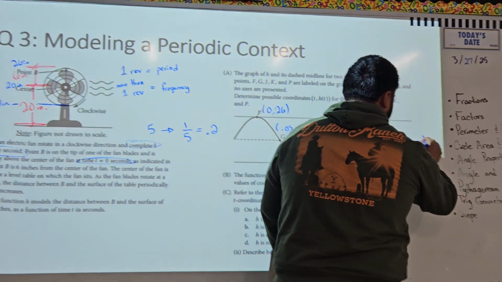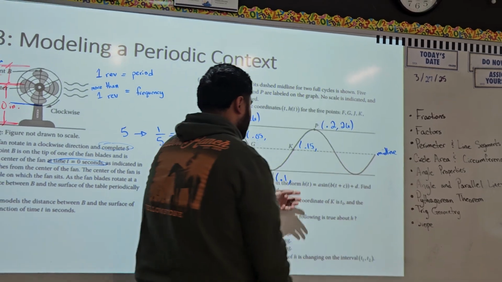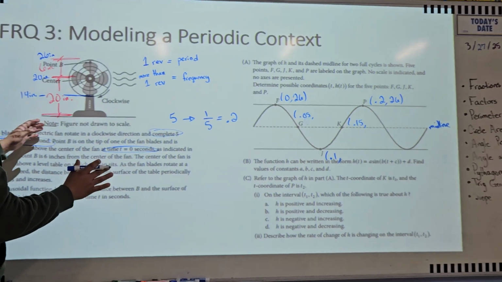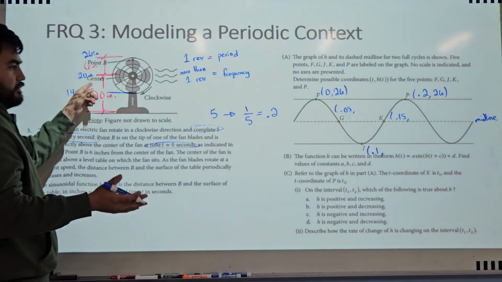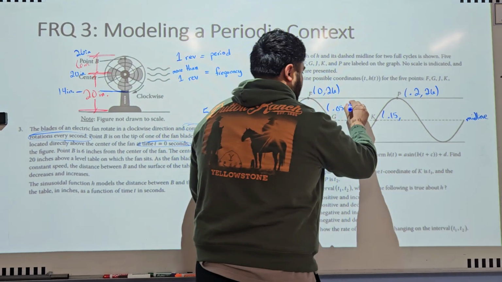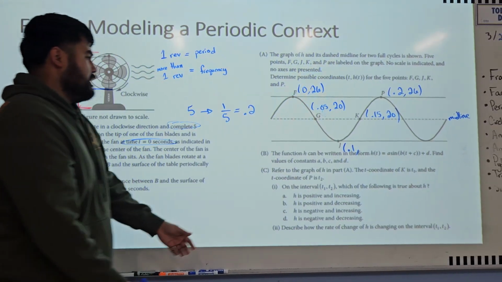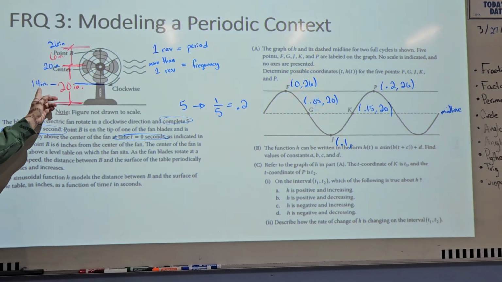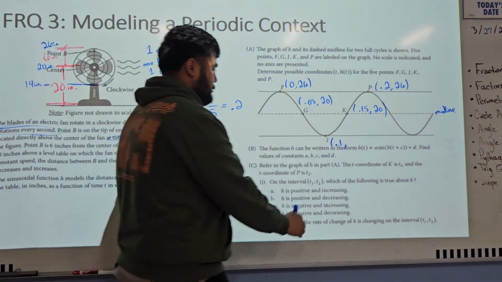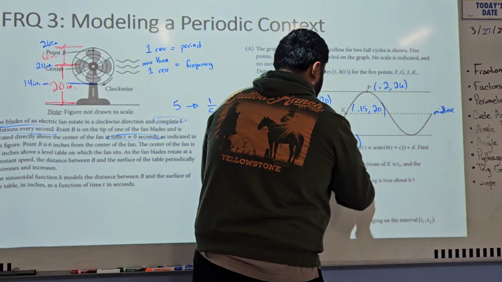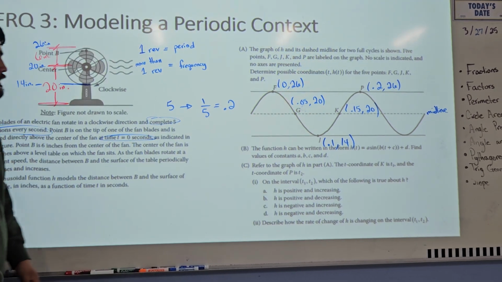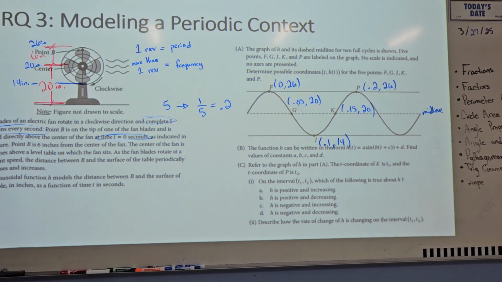My midline is 20. And then what's my minimum? When I come down here, my minimum is 14. Just be aware of that.